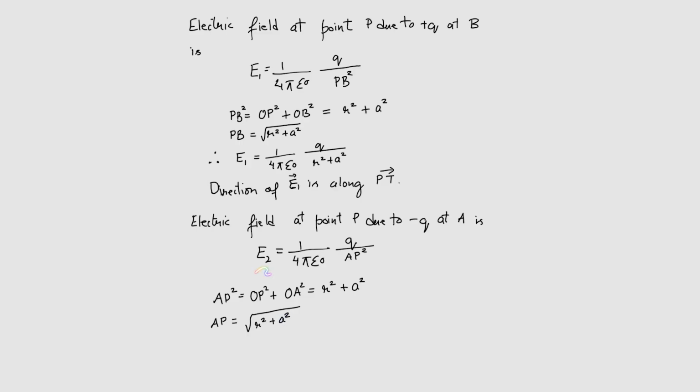Keep in mind, we need AP square, and AP square is equal to this value. By substituting, therefore, E2 is equal to 1 by 4 pi epsilon naught Q divided by R square plus A square. Okay? That is the magnitude of E2. Now the direction.